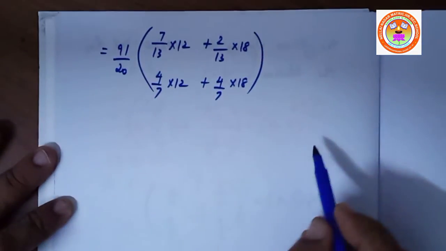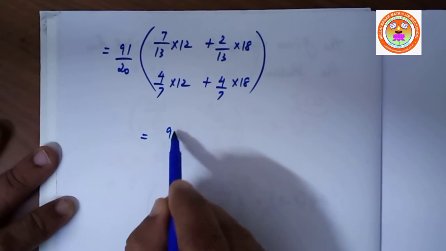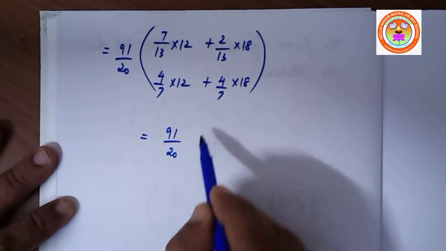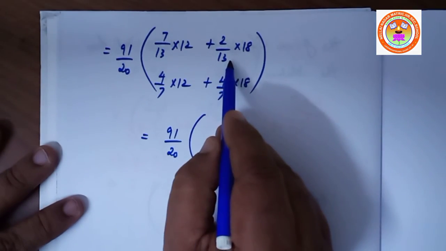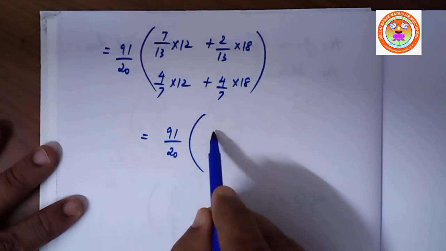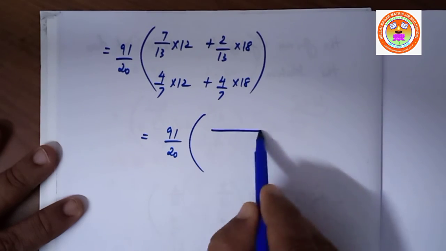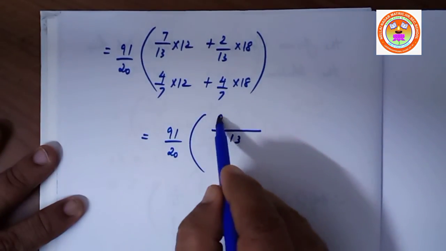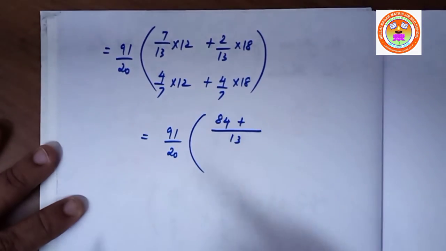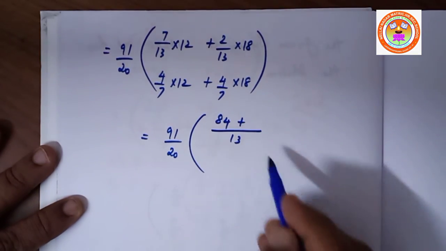Then we have to simplify. That is equal to 91 by 20 into, here we have 13, here also we have 13, so write 13 as the common denominator. Then 7 into 12 is 84, plus 2 into 18 is 36.